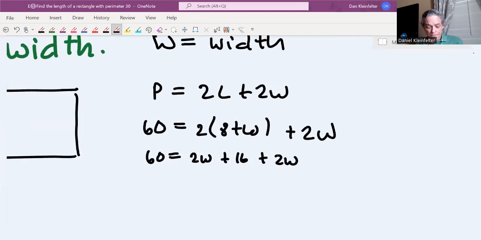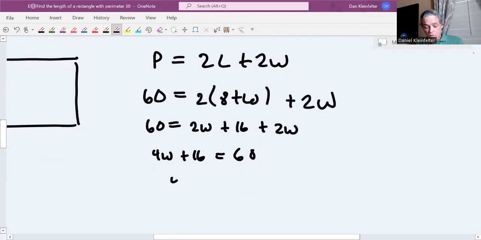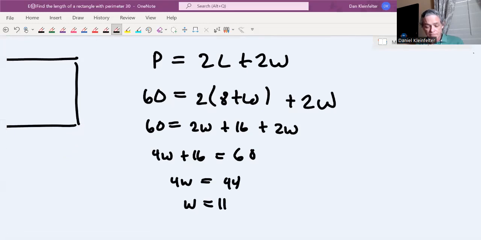So let's do that. So we've got 4W plus 16 is equal to 60. 4W is equal to 44. So it looks like W is 11.